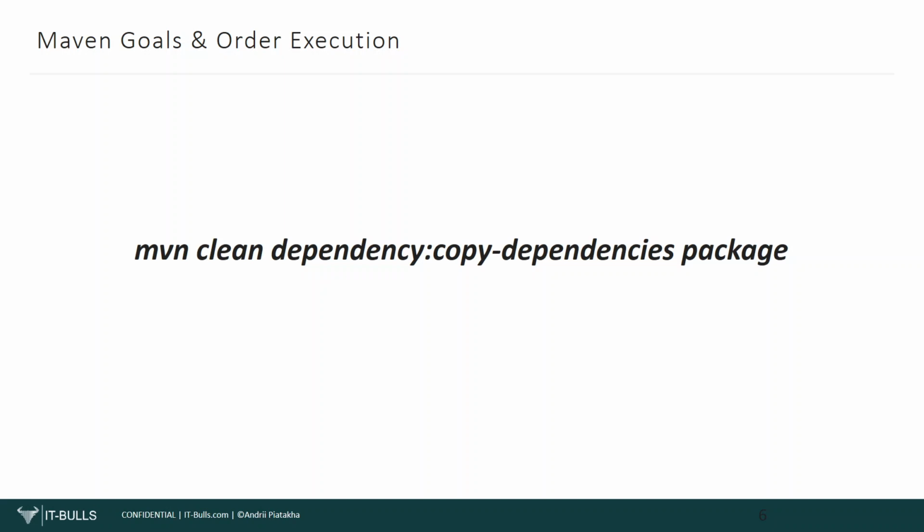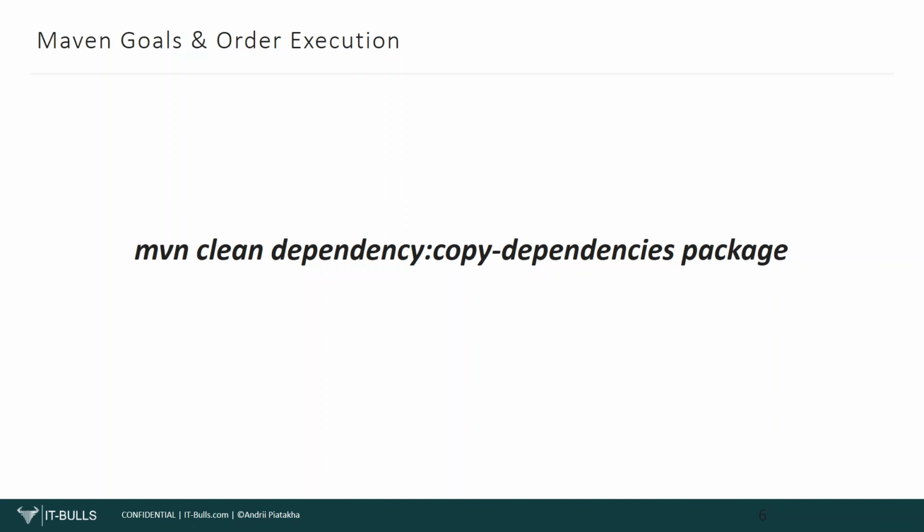The order of execution depends on the order in which the goals and the build phases are invoked. On the slide, you can see an example. The clean and package arguments are build phases, while the dependency copy-dependencies is a goal of a plugin.